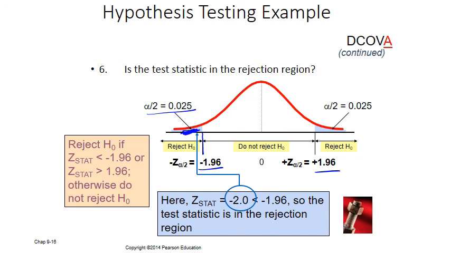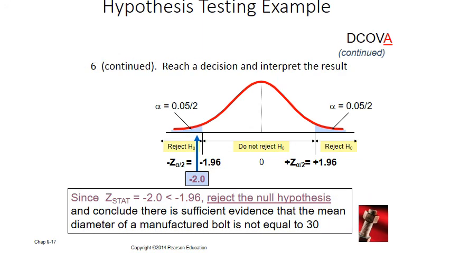Here z stat minus 2 is less than minus 1.96, so the test statistic is in the rejection region. So we reject the null hypothesis and conclude there is sufficient evidence that the mean diameter of the manufactured bullet is not 30 mm.